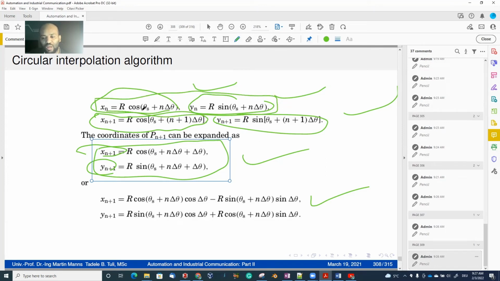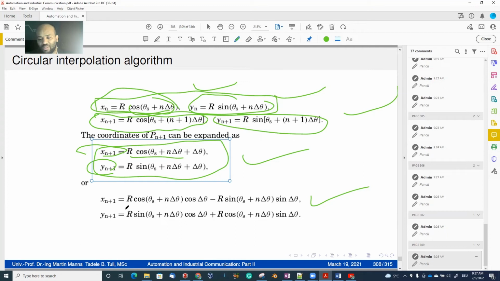Xn equals r cos(theta_s + n delta theta). When you expand this cosine of theta plus n delta, you get something like this.